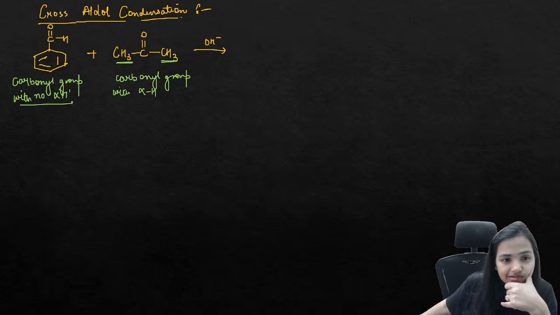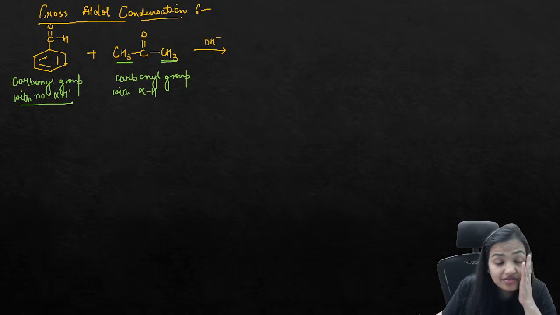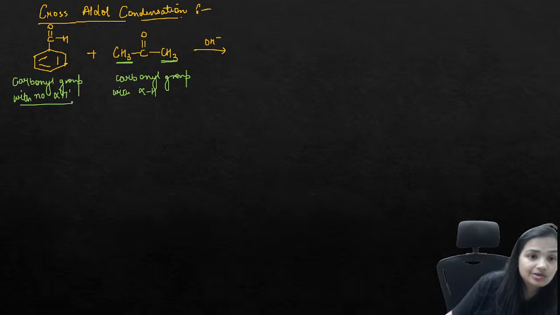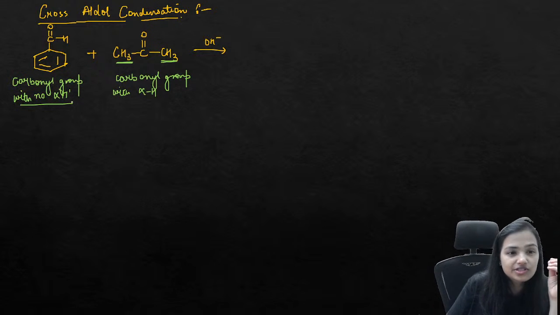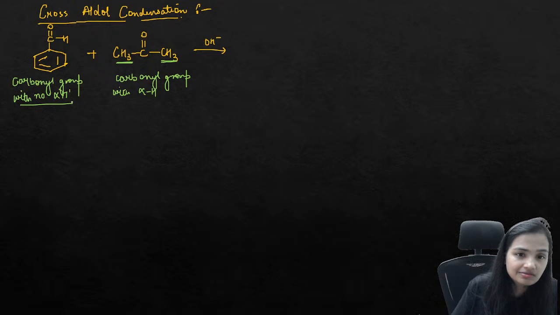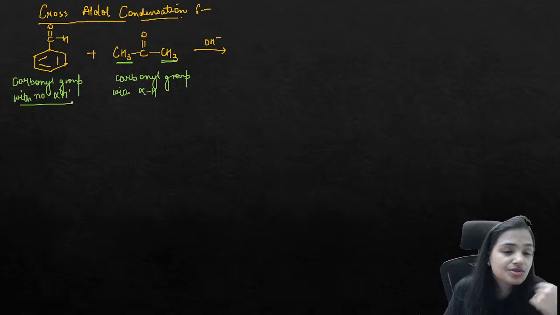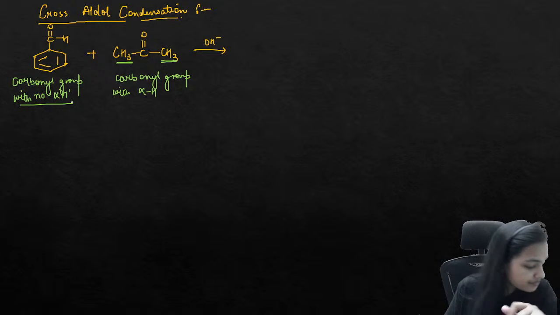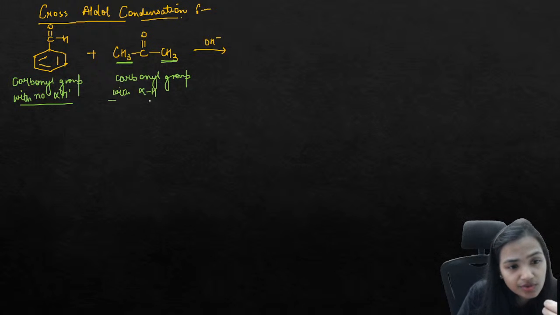This would be a question in your mind. With no alpha hydrogen, with alpha hydrogen, whether I do the Cannizzaro or I do the aldol. My simple question is, your OH, which is acting as a base, is more reactive for the alpha hydrogen now. This base has a tendency to abstract the proton. So ultimately, out of these two reactions, which is going to be more reactive?